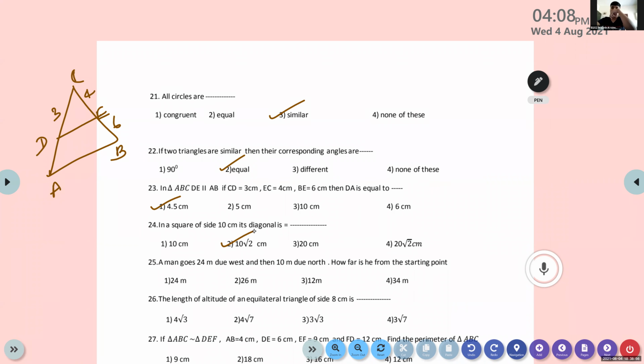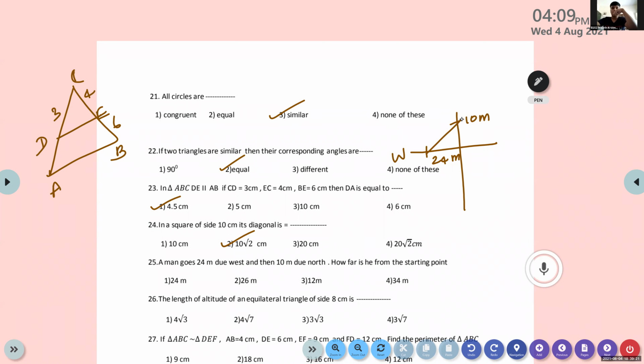Again, the next one. A man goes 24 meter due west and 10 meter due north. So how far is he from the starting point? He goes west 24 meter, and then here it is 10 meter. So what is the distance? You have to use Pythagoras theorem, isn't it?